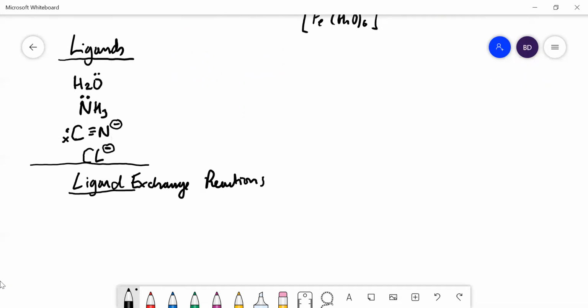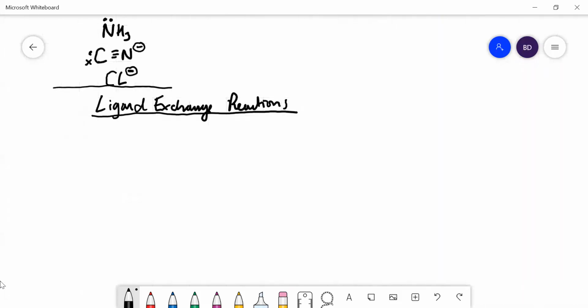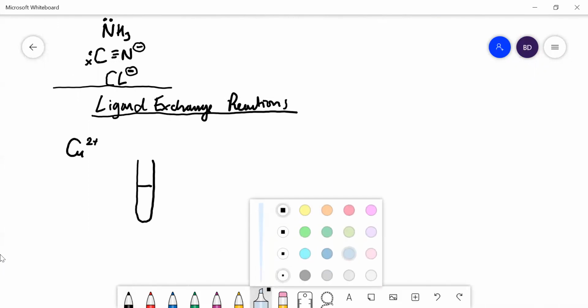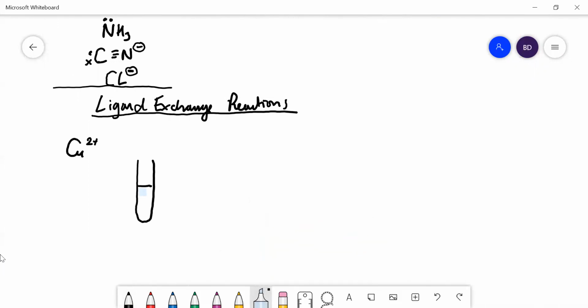So we're going to talk about a couple of them. There's two pretty important ones, and we are going to talk about ligand exchange reactions involving copper 2+, okay? Right, so if I get a test tube of copper sulfate, that's kind of a palish blue color, like that.